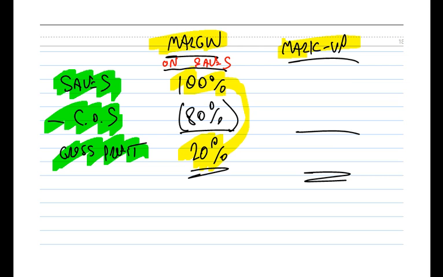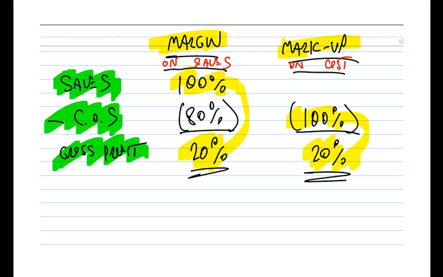Markups, on the other hand, is short for markup on cost. Because you can imagine you take a cost figure and then you mark it up to decide how much you're going to sell for. So if we were dealing with a 20% markup, I'd still put the 20% where the gross profit is, but the 100% would be where cost of sales is, because it's a markup on cost.